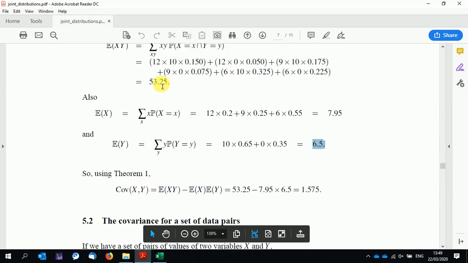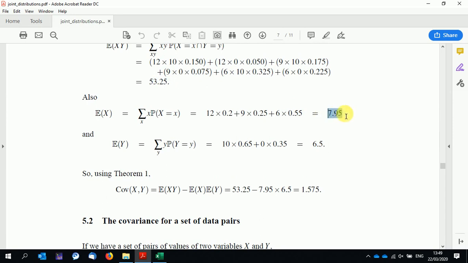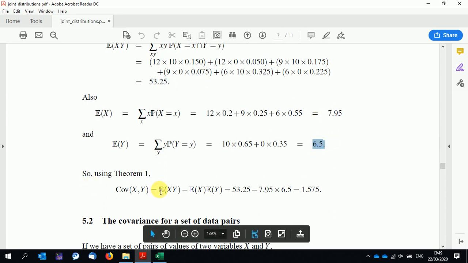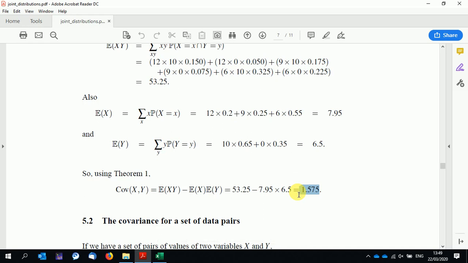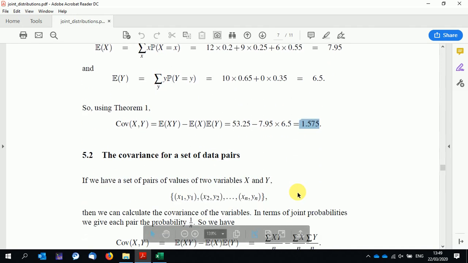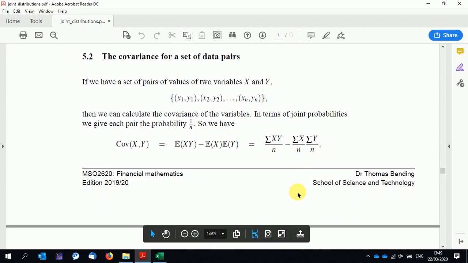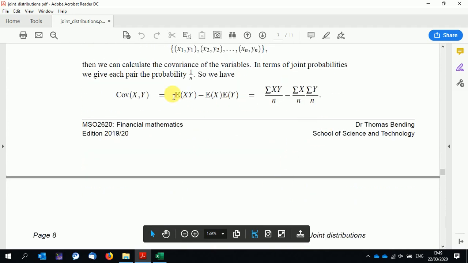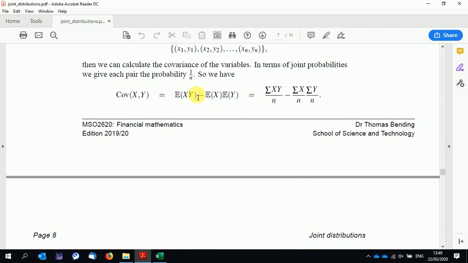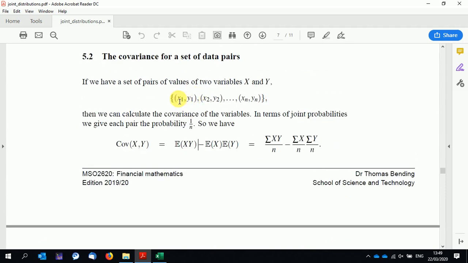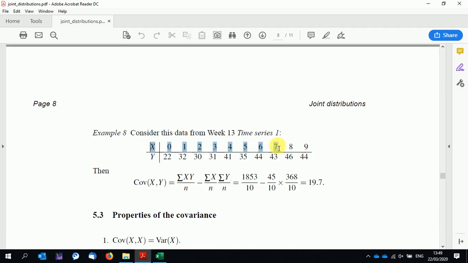Substitute all three values, 1, 2 and 3, in the equation for covariance, and you will get 1.1575, which is a measure of the relationship between x and y. If you have to elaborate on this, because a set of data might be given to you in the exams, there you go.